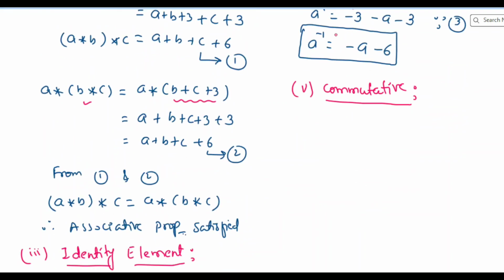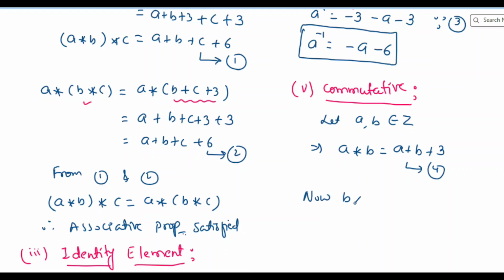We have discussed the definitions in the previous class. So what is the condition to prove here? Let us take a, b belongs to Z. First we need to prove a star b, which is directly given in the example as a plus b plus 3. Let us take this as equation number 4.